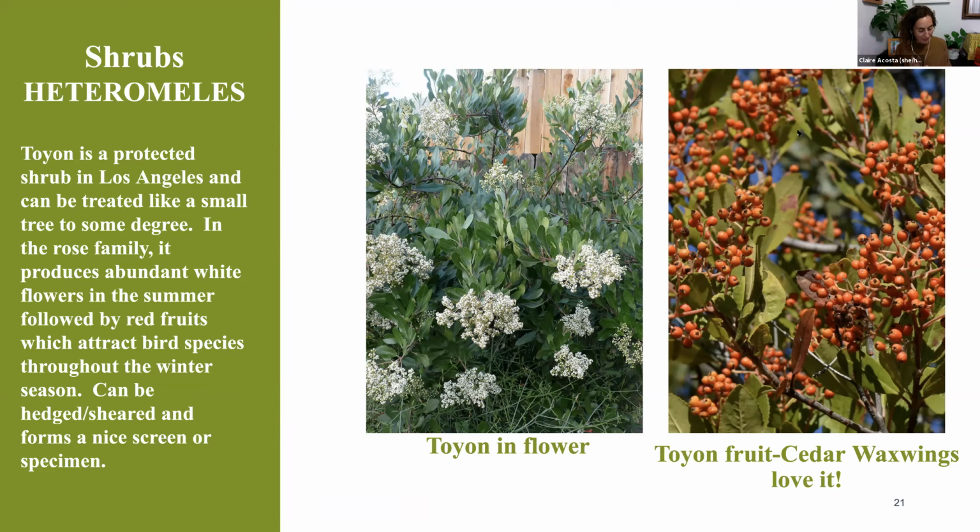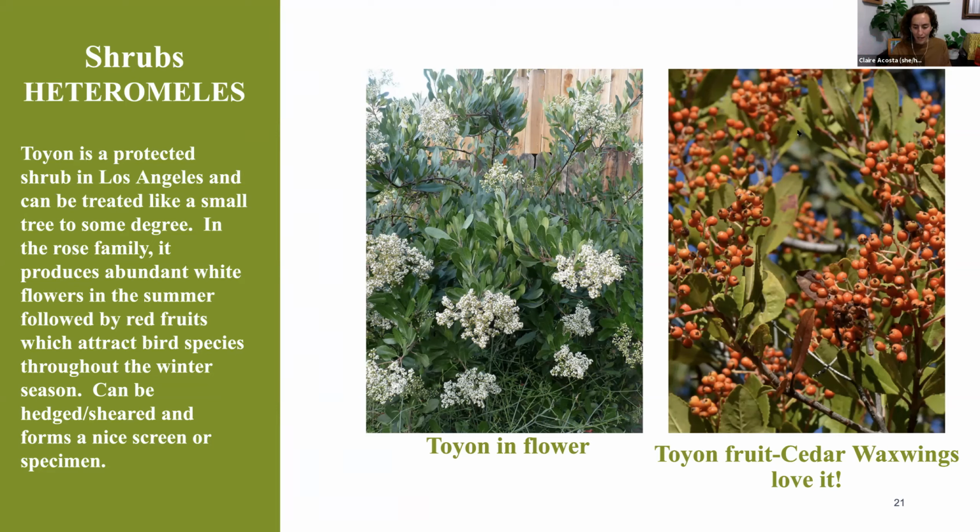It says on your card that it's good for containers, which I would never have considered. It's easy because it takes garden conditions really well, and you can prune it however you like. It can be hedged and sheared, pruned into a tree-like form, or used as a screen.